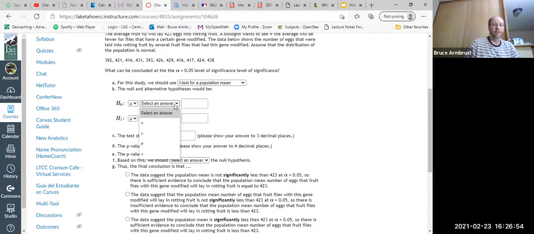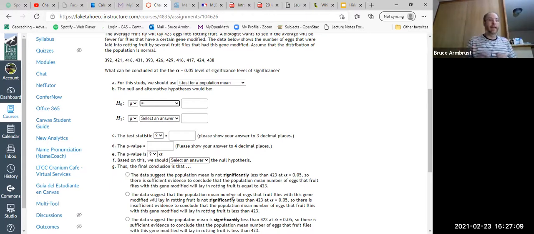This is pretty easy because it always gets the same thing. Yeah, thanks, Willie. It always gets equals, because the null hypothesis is always that the two are the same, so in this case, that the sample is a good representative of the population. So the null hypothesis is always equal.